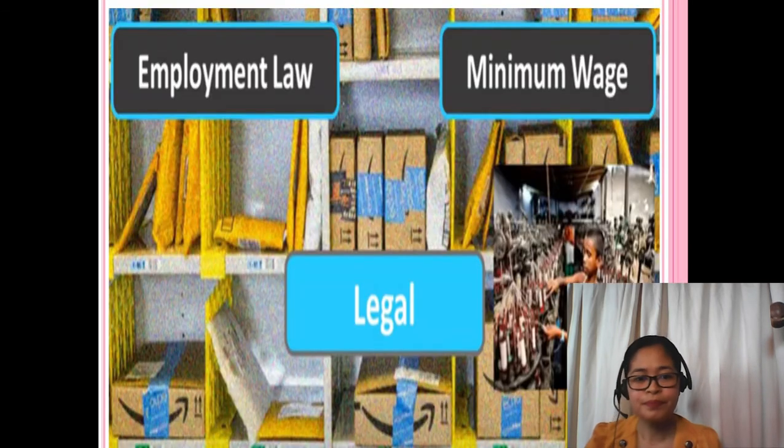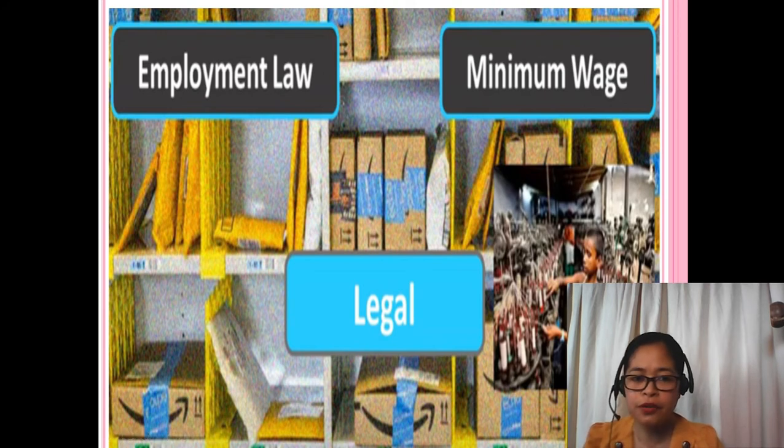All right, now we have here the legal. Okay, so legal and political are closely related, right? But it has to be separated because not all political factors are put into law. So I hope that's clear.